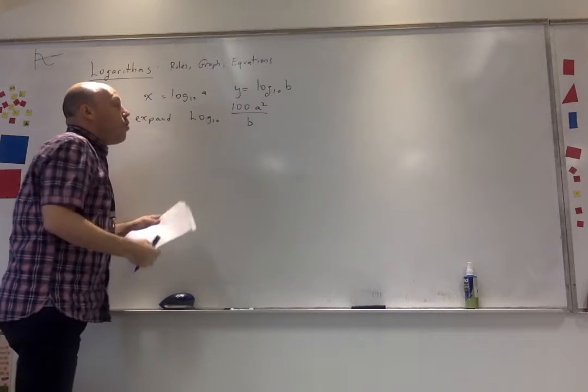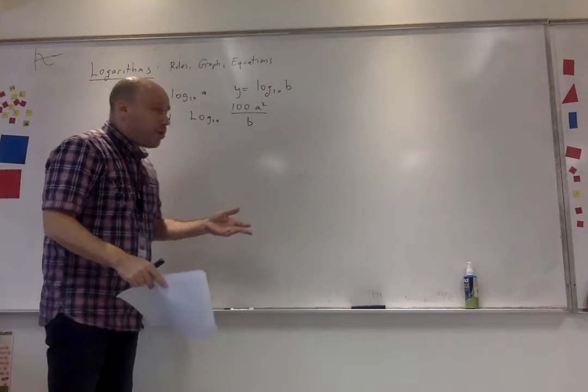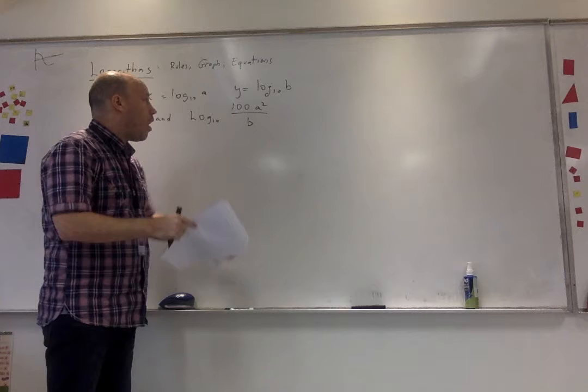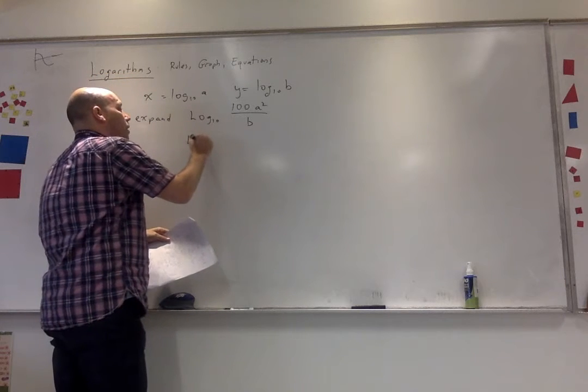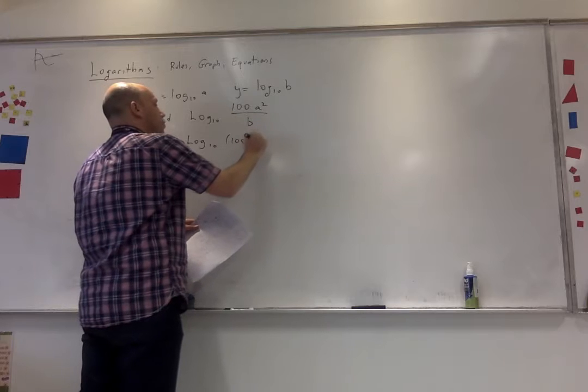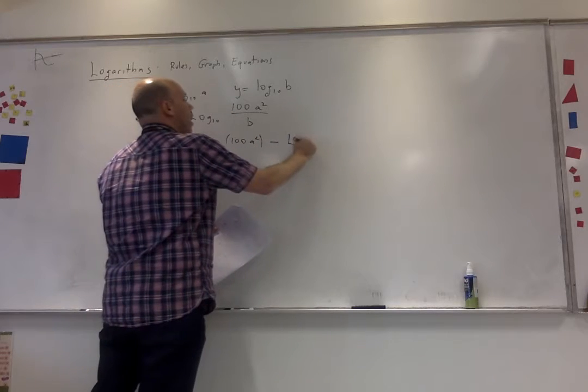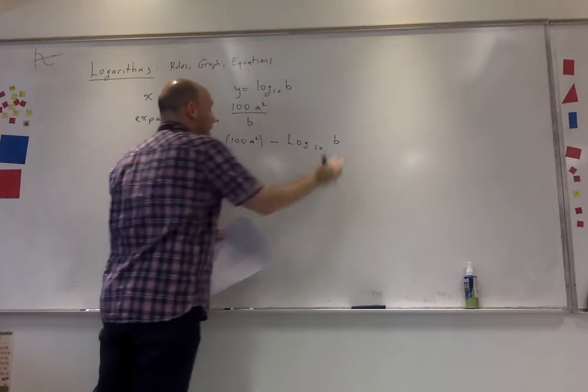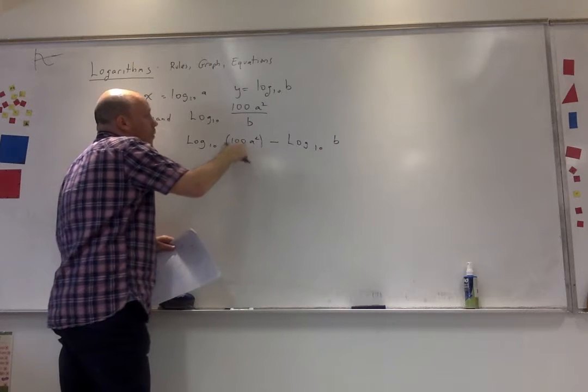When we're asked to expand something, you say, okay, here's division. So it's log base 10 of 100a squared minus log base 10 of b. And then right here you see multiplication.